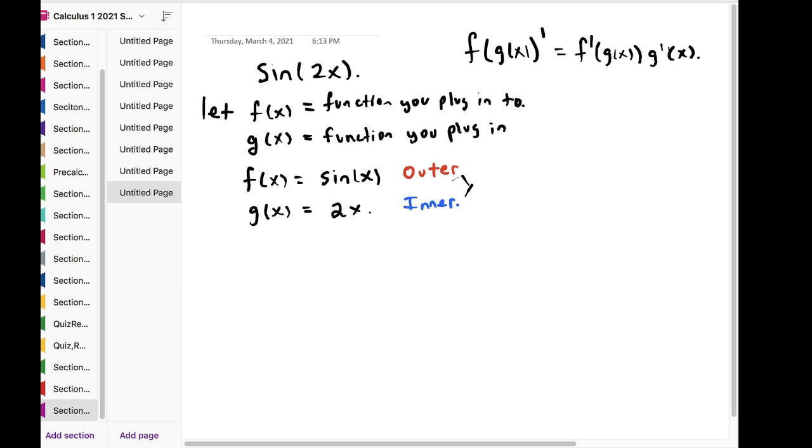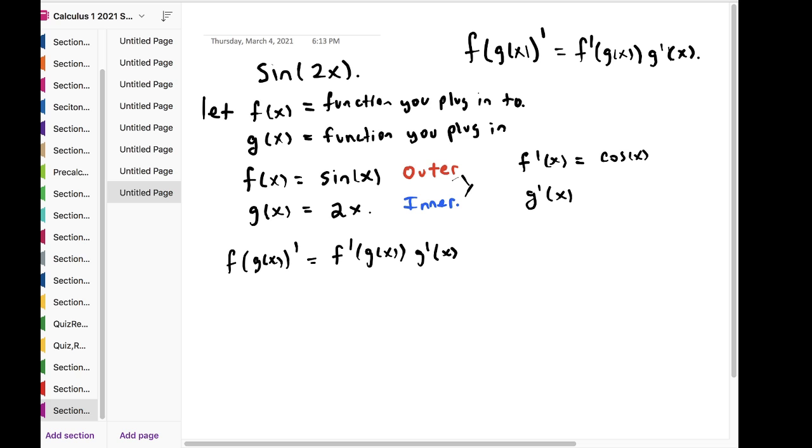Okay, so what is the derivative then? The derivative of f of g of x, so I need to find f prime and g prime. What's f prime of x? It's cosine. And what's g prime of x? 2.